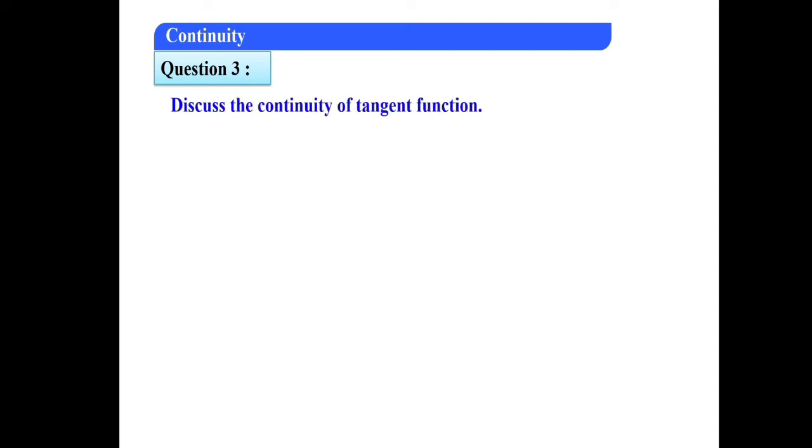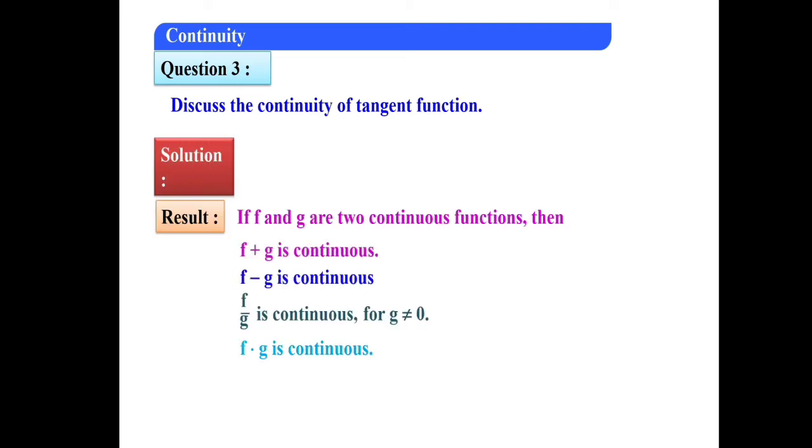Okay, next function is the tangent function. Discuss the continuity of the tangent function. Here also the point is not mentioned, so minus infinity to plus infinity. So first, solution.